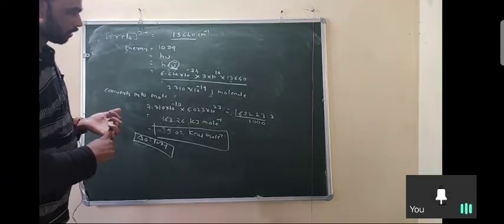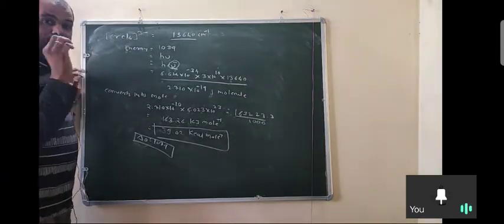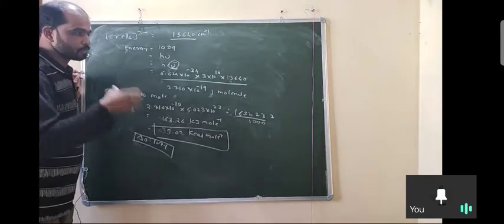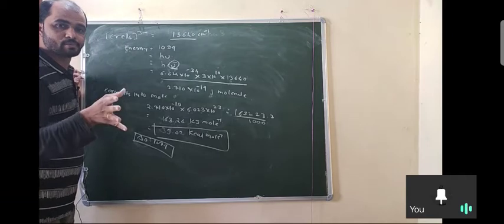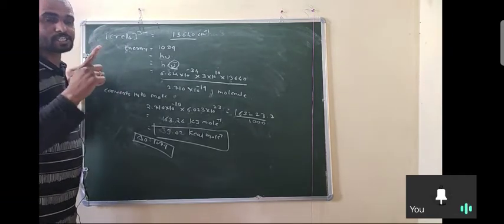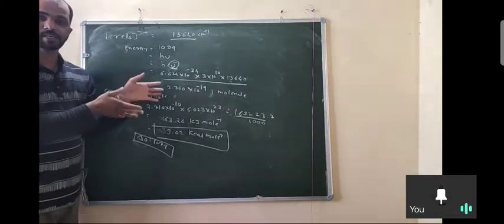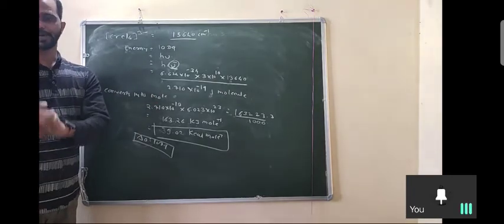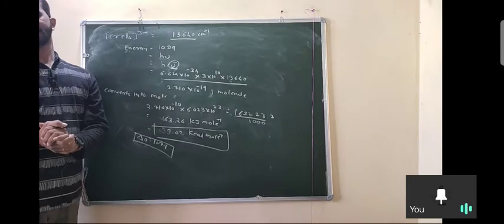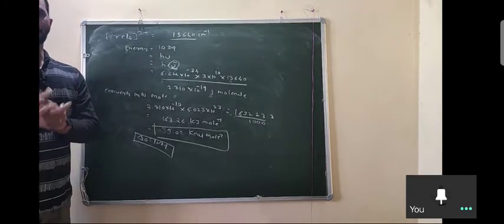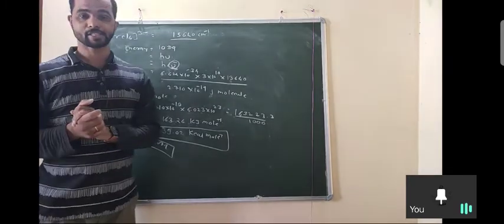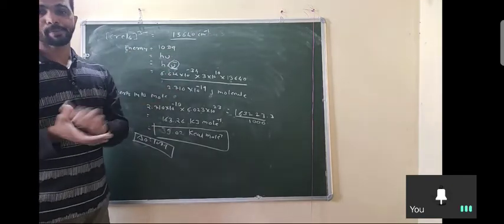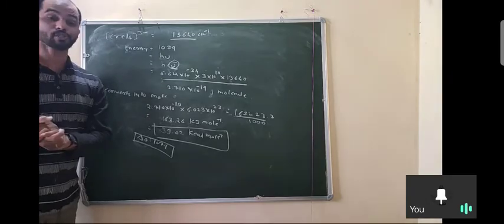And third, the metal ion having the same ligands, but one metal belongs to the first transition series, another metal may belong to the second transition series, or the third. So the position of the metal also decides the 10 Dq value, because the orbitals change their energy and their size. So it depends on repulsion and it depends on the splitting.